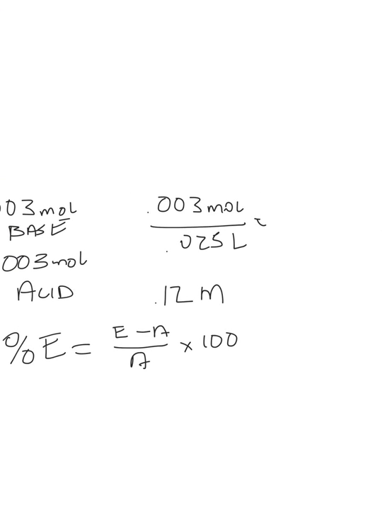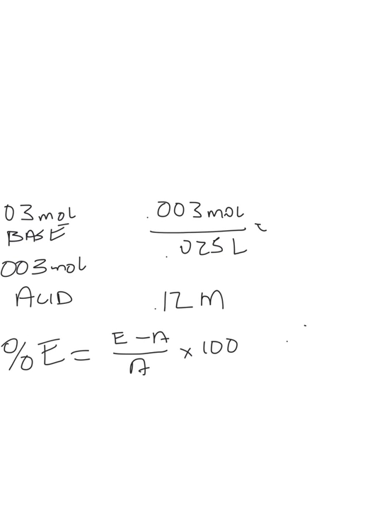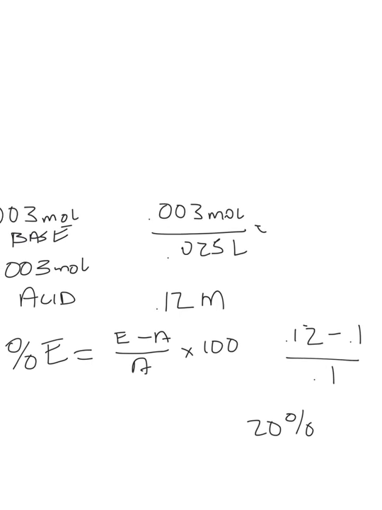So for my example here, it would be 0.12 minus 0.1 over 0.1 times 100. So in my example here, I would have a 20% error. And then you would just repeat this same calculation for the other acid.